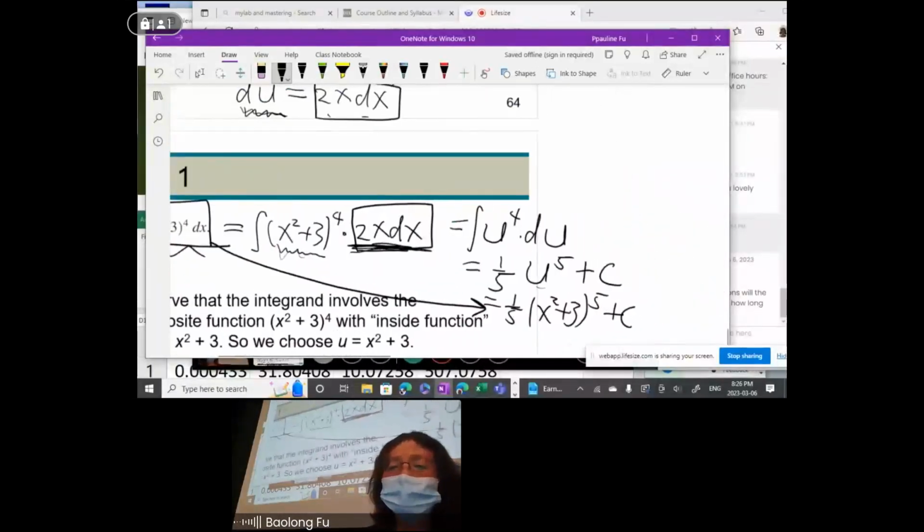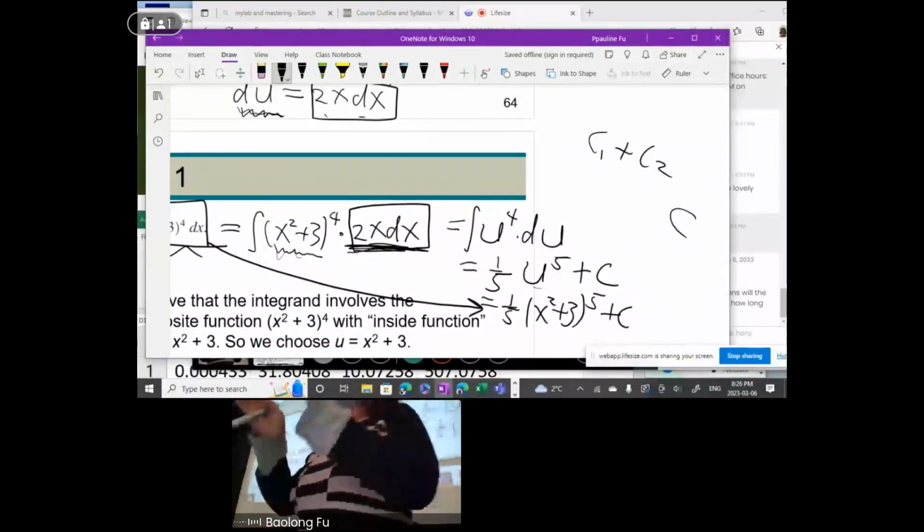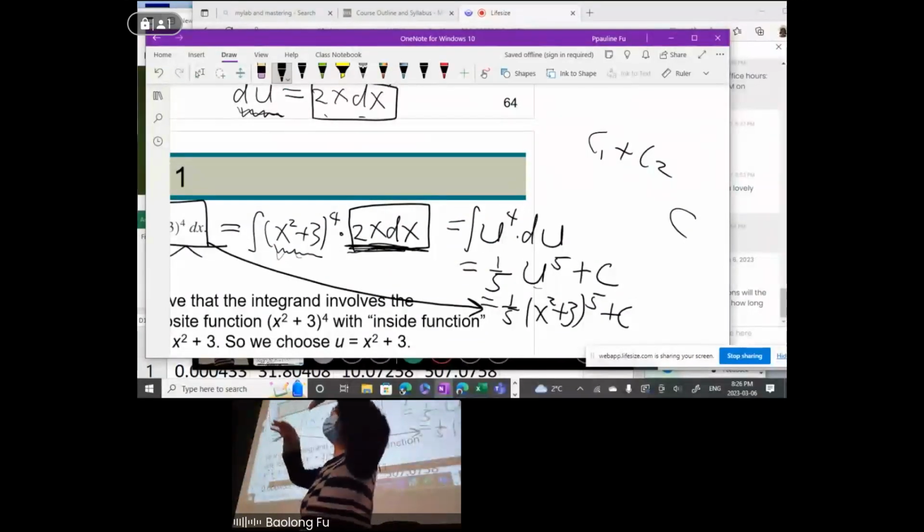Do you mean if you have c1 plus c2, we just write down c? Yeah. Because one constant plus another constant is a new constant, so we just simplify using c. You can still write down c1 plus c2, but by convention, people like to use just one c. Okay. Thank you for asking.